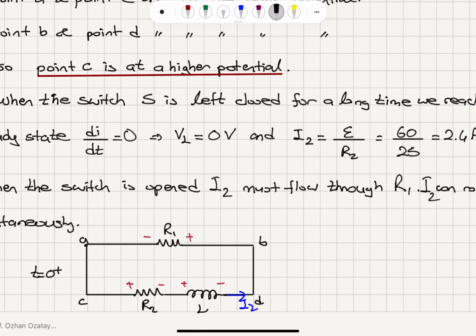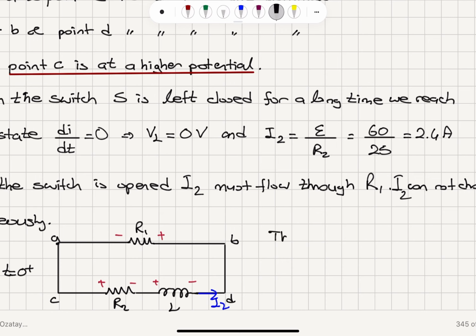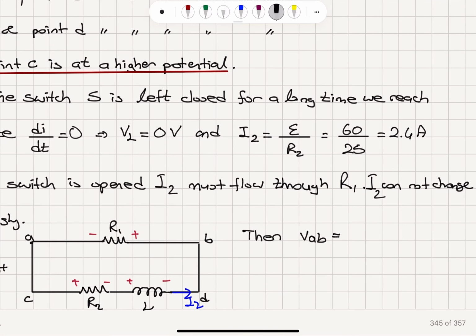Then we can calculate the voltage across R1, VAB, which is equal to minus I2 R1, because I2 flows in this direction and the voltage drop is from B to A now. So VAB is equal to minus 2.4 times 40 ohms, which means the voltage across the resistor R1 will be minus 96 volts.